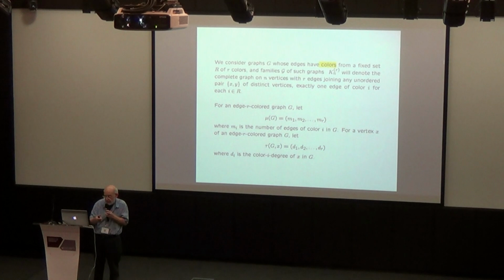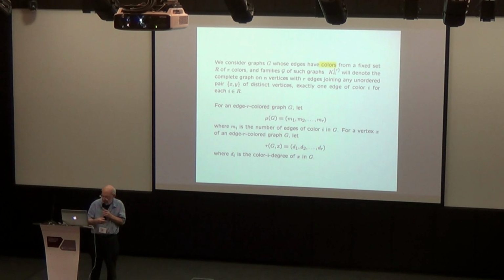When I'm talking about edge-colored graphs, at most one edge of any color joining any two vertices. It could be one red edge or one green edge, but not both. And I want to decompose the complete graph where any two vertices are joined by edges of each of the R colors. Now, the complete graph is not simple, of course, but the graphs I'm decomposing it into are required to be simple edge R-colored graphs.